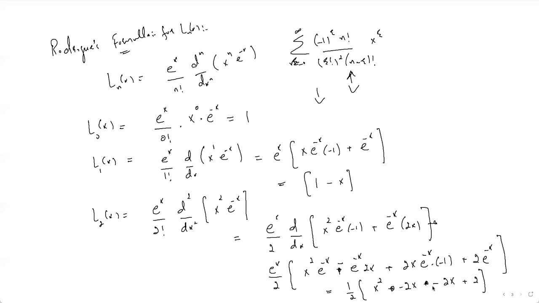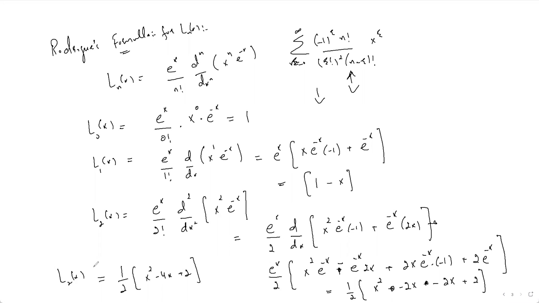Minus 4x. Fine. So now I will write the equation as 1 by 2 into x square minus 4x plus 2. So this is L2 of x.